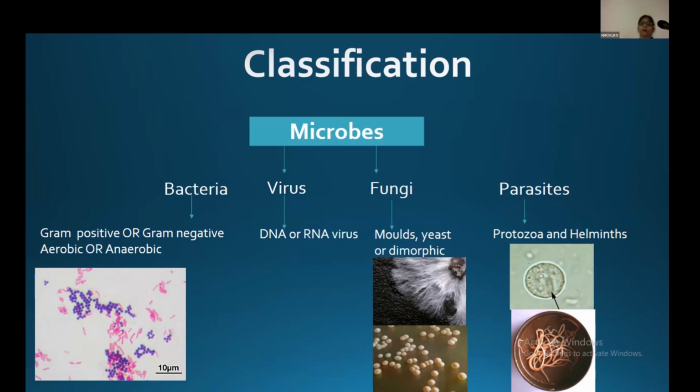So next group is parasites. Parasites also can be unicellular, which are protozoa. Protozoa, examples. Entamoeba, yes. They may be commensals or pathogenic. Entamoeba histolytica causes dysentery and amoebic liver abscess. Then Giardia.